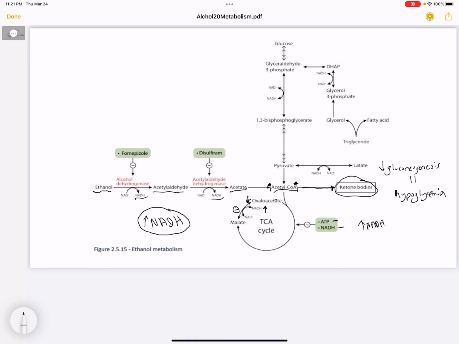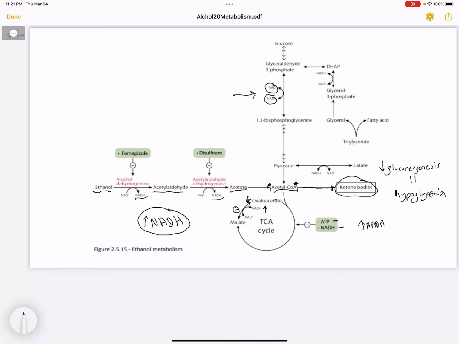Now let's go to this step in glycolysis, the conversion of glyceraldehyde 3-phosphate to 1,3-bisphosphoglycerate. This step is going to generate NADH, and for glycolysis to continue, we need to regenerate this NAD+.